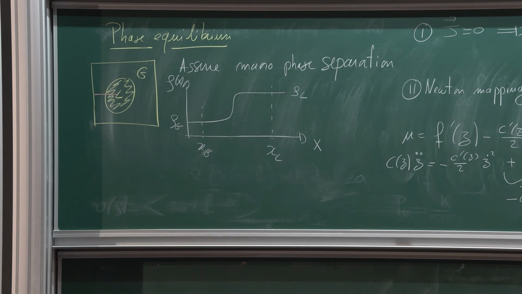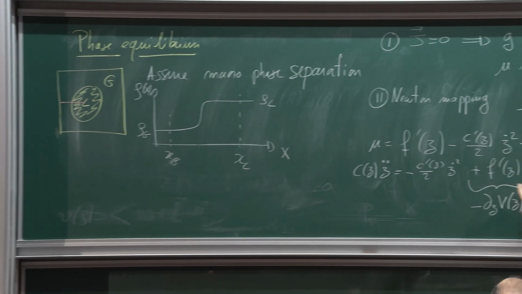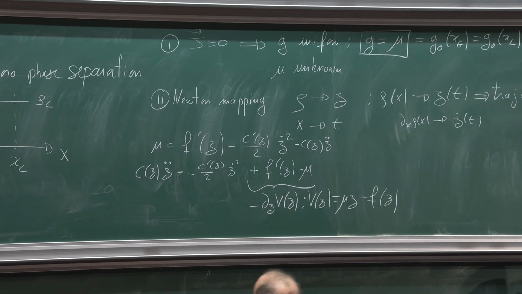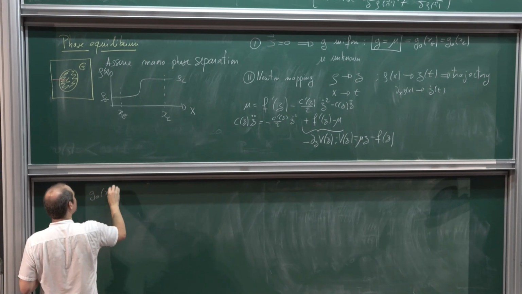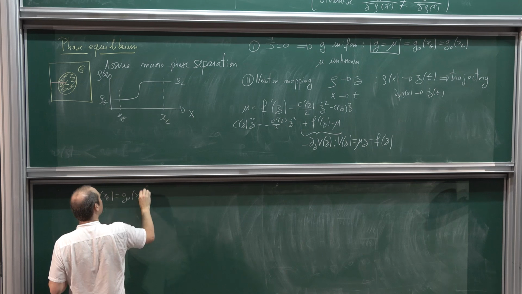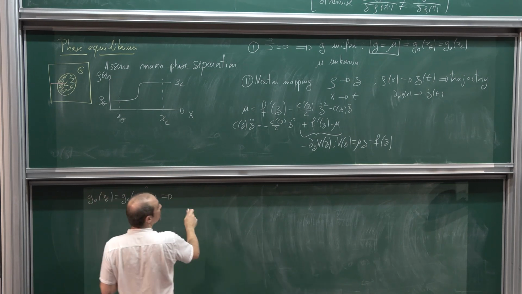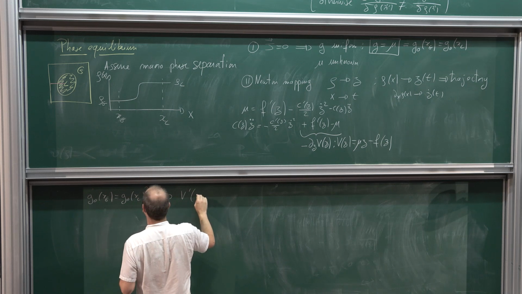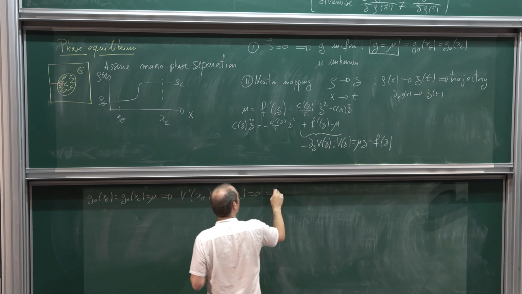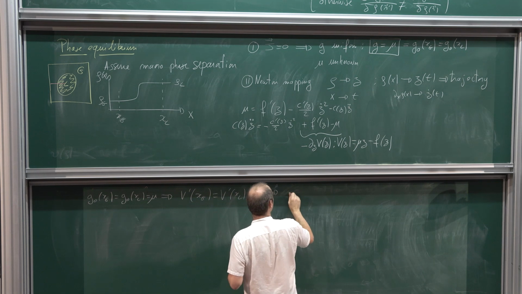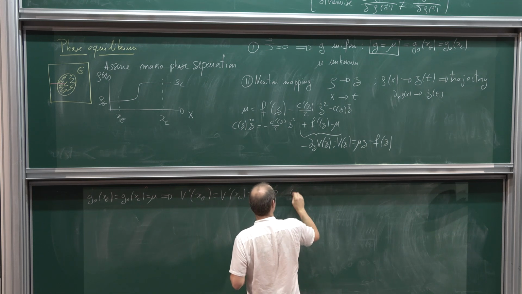So in both phases, we know that G naught, which is f prime, is equal to mu. And so f prime minus mu is equal to 0. So the first condition that we had, which was G naught of x gas equal G naught of x liquid equal mu, means that v prime of x gas equal v prime of x liquid equals 0. And so these are critical points. These are fixed points of the potential. Critical points of the potential.